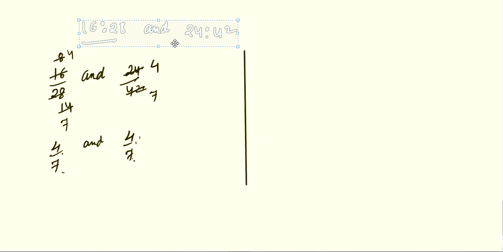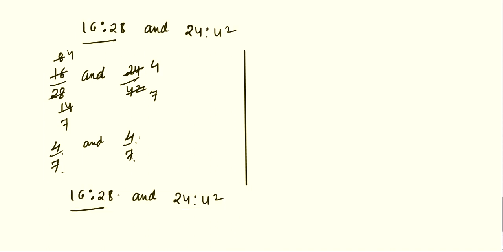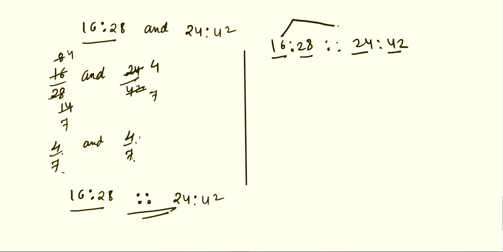So like this you have to solve. Now same question you can solve by using another approach. 16 is to 28, proportion 24 is to 42. Clear? So this is A, B, C, D. First into last means product of extreme terms.